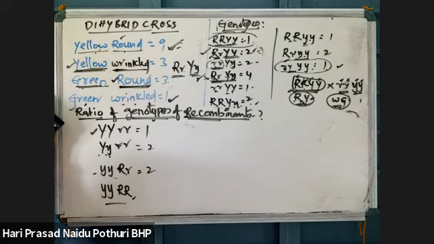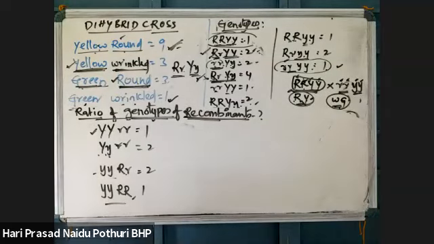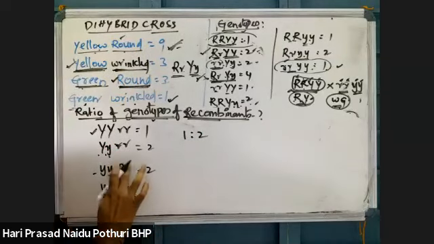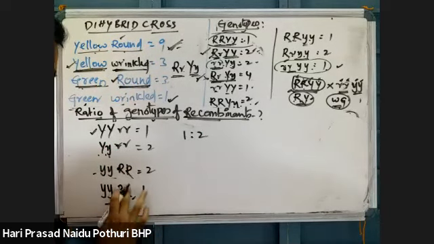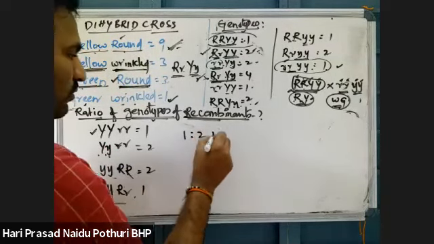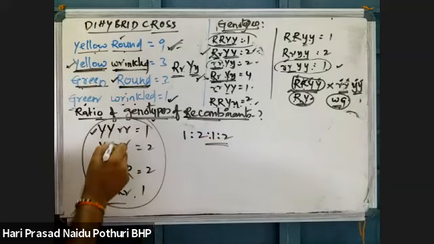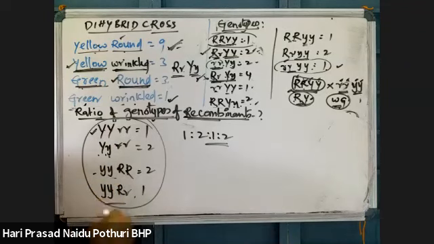Small y, capital R, 1. 1:2:2:1 or 1:2:1:2. If you write it like this, then it will become 1:2:1:2. So based on this, if you write this first, that first, the order changes.